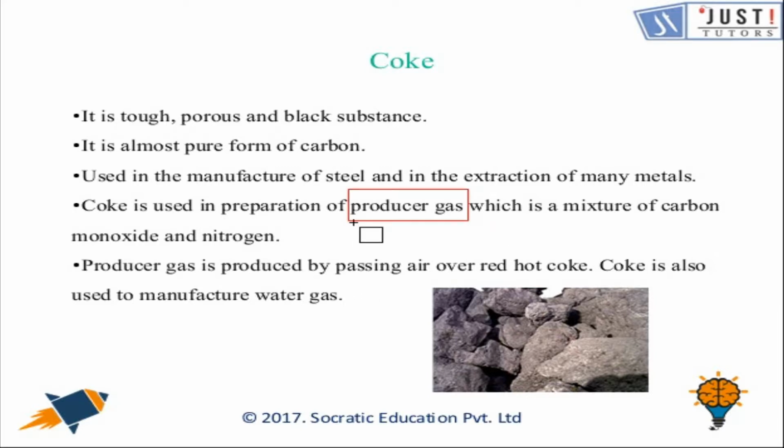Producer gas is a mixture of flammable gases like carbon monoxide and non-flammable gases like nitrogen. And it is formed by passing air over red hot coke.